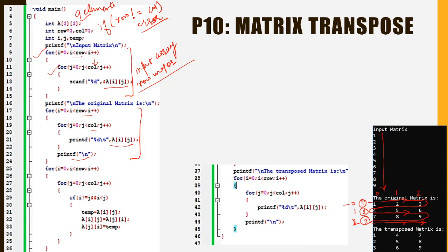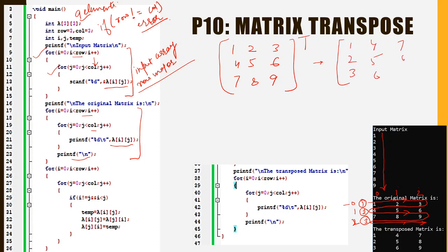Okay, now do you know the logic of this matrix transpose? Suppose I take the input matrix 1, 2, 3, 4, 5, 6, and 7, 8, 9. Okay, this is how it is stored over here. And if I want to calculate its transpose, mathematically, if I do this, it should be like that. Okay, 1, 2, 3, 4, 5, 6, and 7, 8, 9.